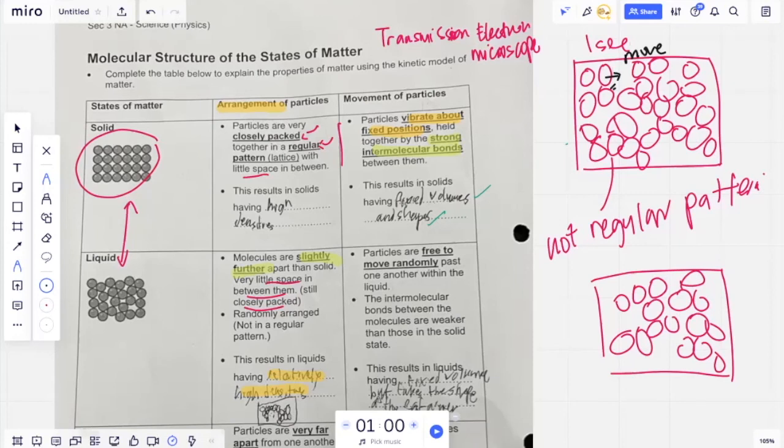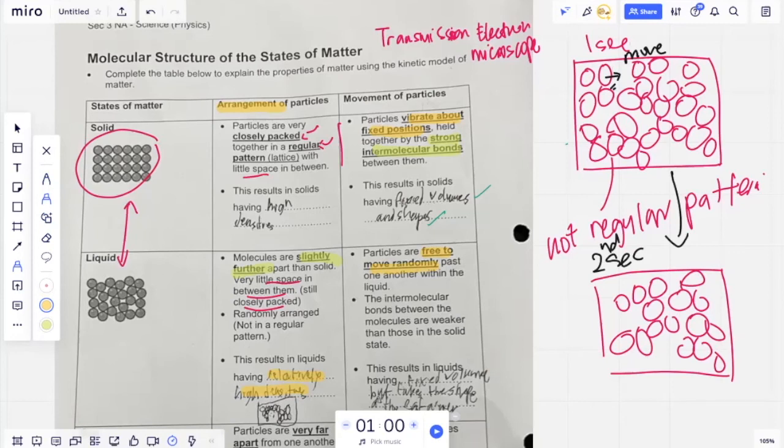They randomly move past each other, and then the next moment it can look like this. So therefore they say that the particles are free to move randomly past one another within a liquid.